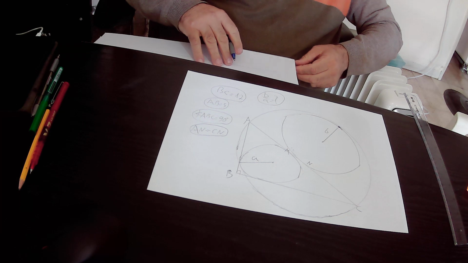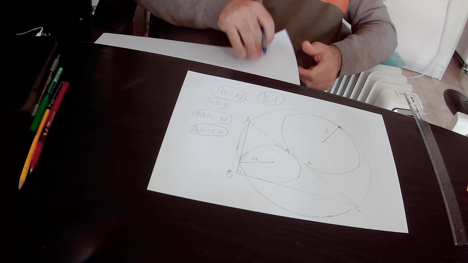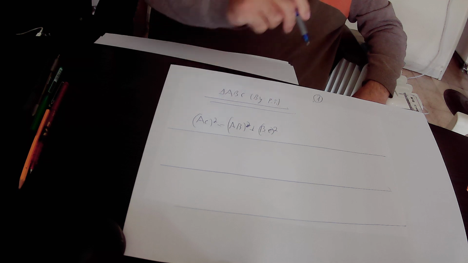Repeat again. According to the Pythagoras theorem, in the right triangle ABC, AC square equals AB square plus BC square.